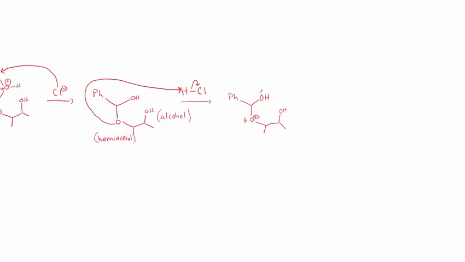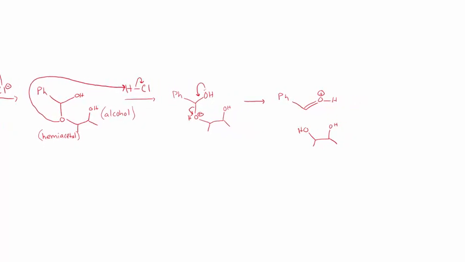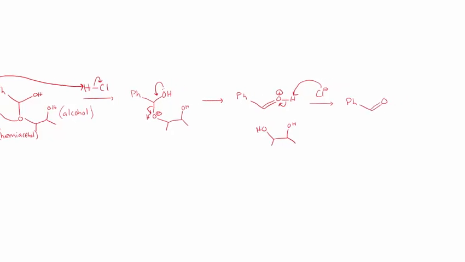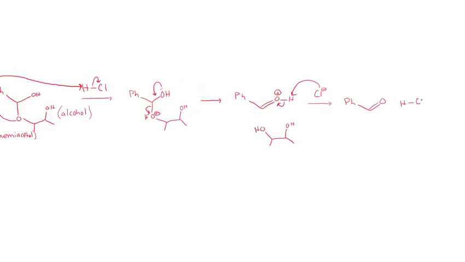And now it is a good enough leaving group to get kicked out by the adjacent neutral oxygen lone pairs, coming down to form a pi bond. So there's our diol side product that's been formed. And in the last step, we'll use the chloride ion one more time to deprotonate, and that gives us the benzaldehyde and the HCl.